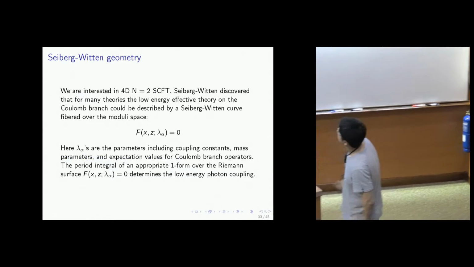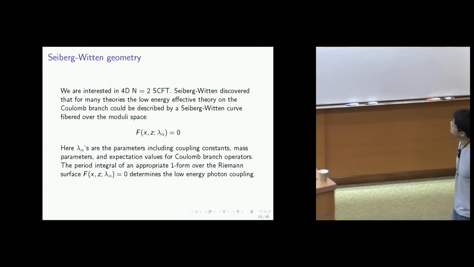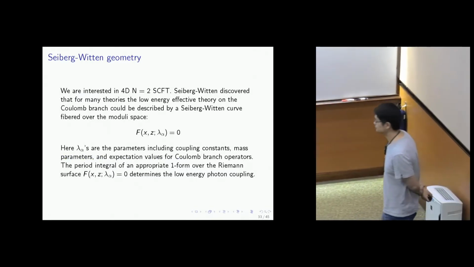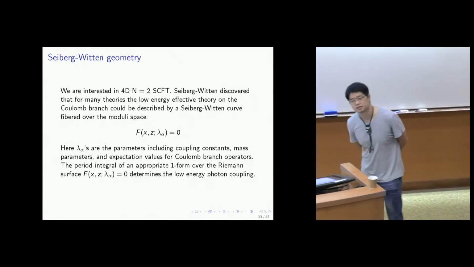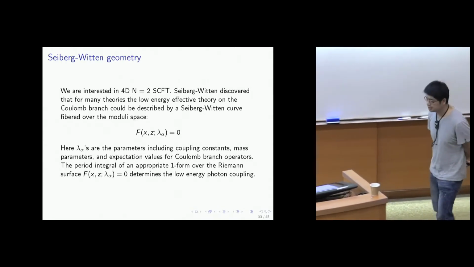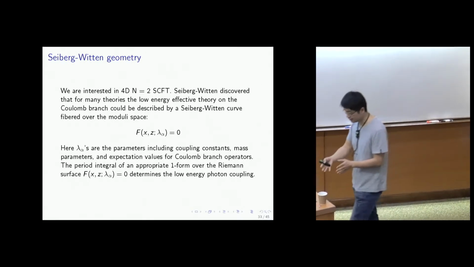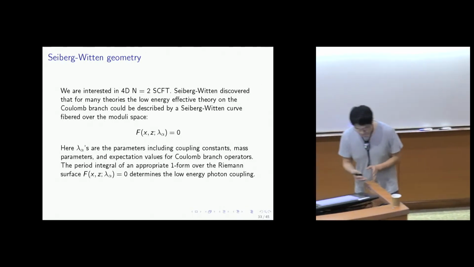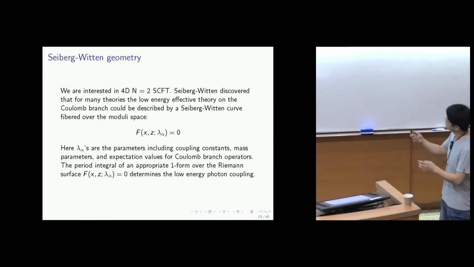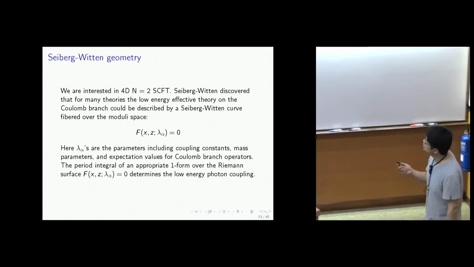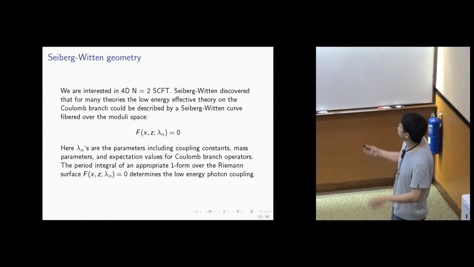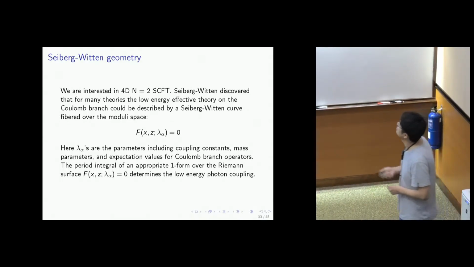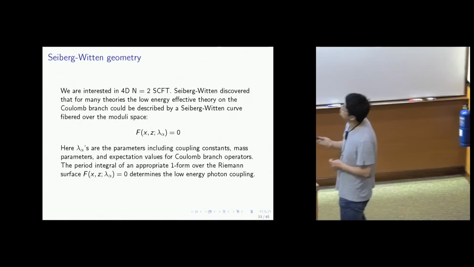Now I would like to explain this from a different perspective. This arises from understanding some kind of Seiberg-Witten geometry arising from singularity theory. Again, this kind of semi-infinite structure plays an essential role, and I would like to explain it from this example. So we are interested in this kind of 4D N=2 superconformal field theory. And we would like to understand, for example, the low energy effective theory on the Coulomb branch.